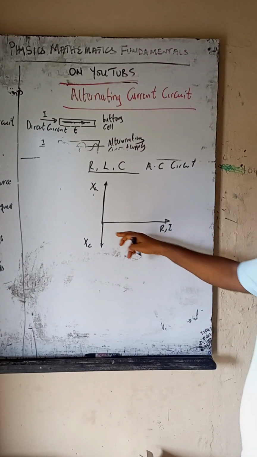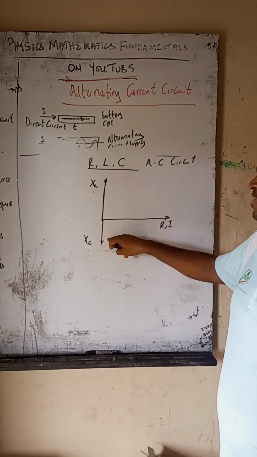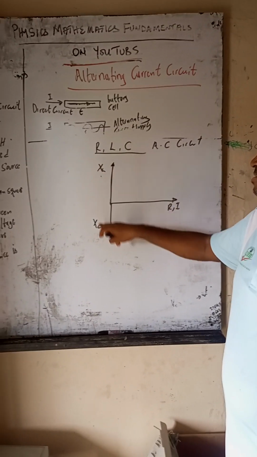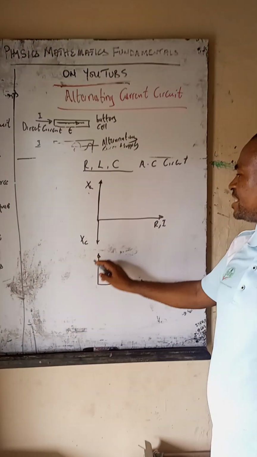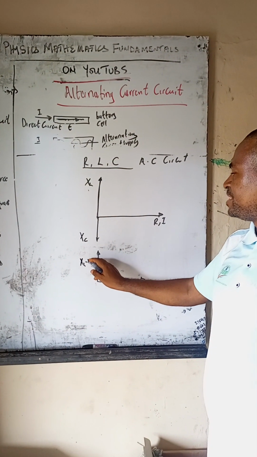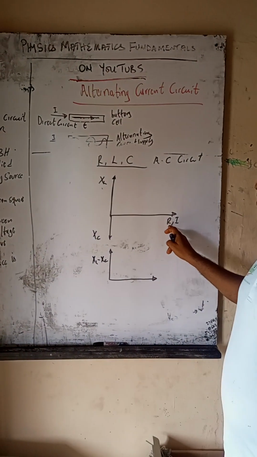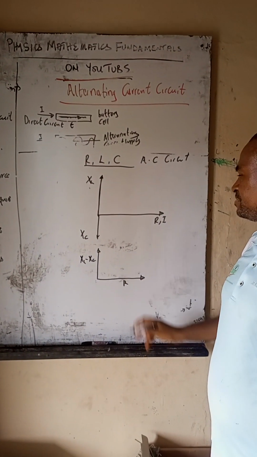So now, if you resolve this vector, this is positive and negative. This will be plus XL minus XC. So this side will now be XL minus XC. And I want to relate with this R, I will have my R here.